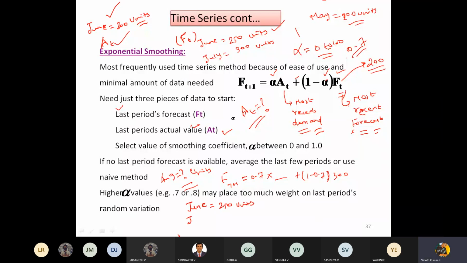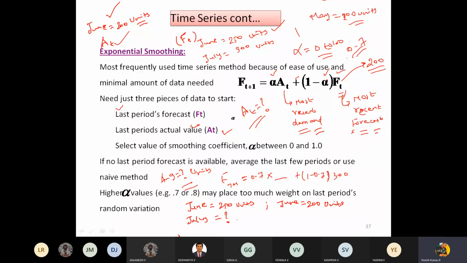For the month of July, you are going to calculate the forecast value. My most recent demand in the month of June is 200 units, which is my expectation, but my forecast value for June comes out as 250 units. To calculate the forecast for July, I will find it with the help of the exponential smoothing formula.